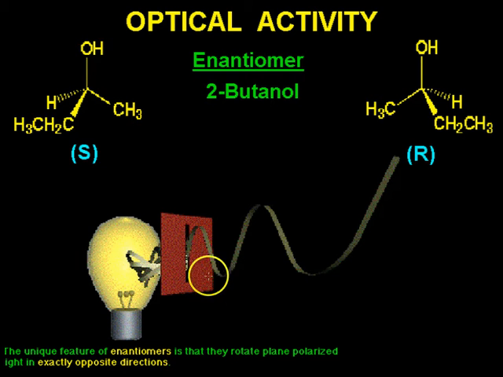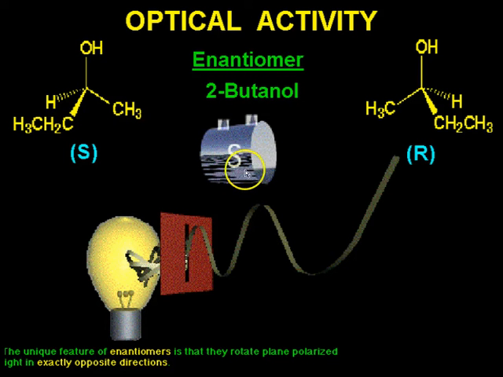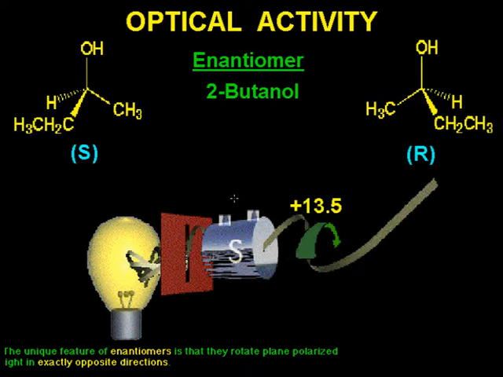If you take the S enantiomer, make exactly 0.1 mole concentration of S, all right, and you put it into the same position in the same path of the plane polarized light. Let's see what happens. It rotates the plane polarized light in clockwise direction, okay, by exactly the same degree, right, 13.5.